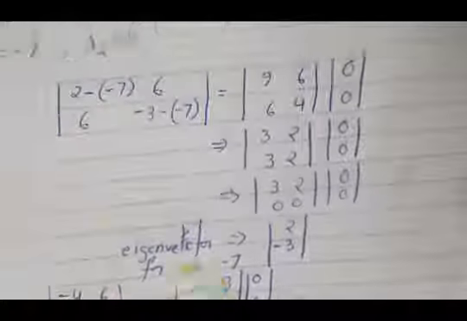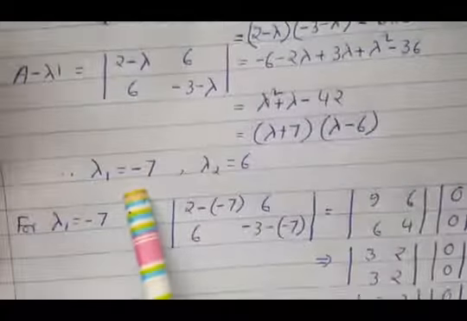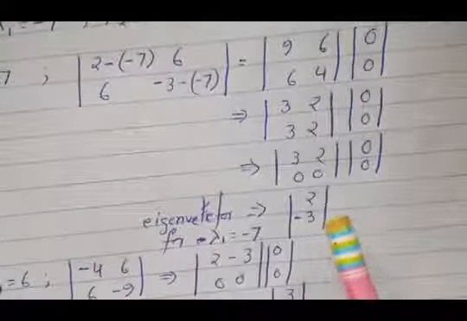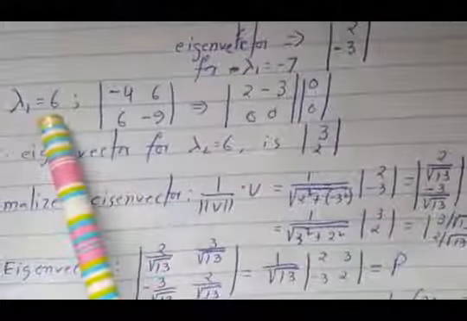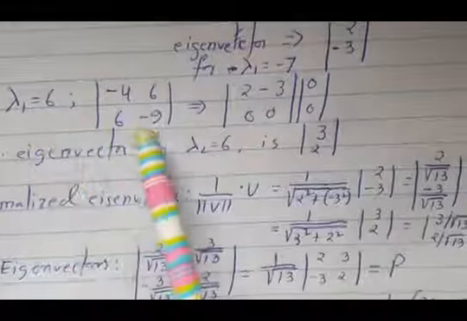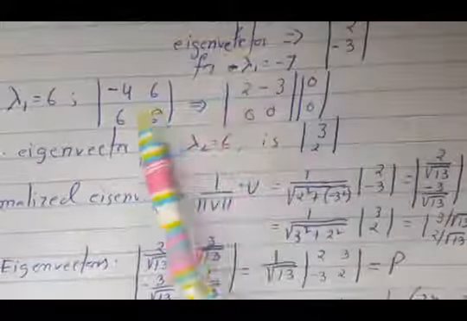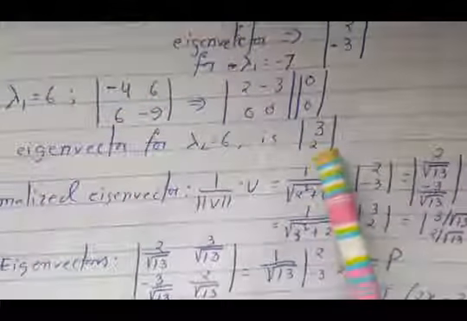So for lambda 1, I get this eigenvector. Similarly, you have to find the eigenvector for lambda 2, which is 6 here, and if you follow the similar method, you will get that eigenvector.